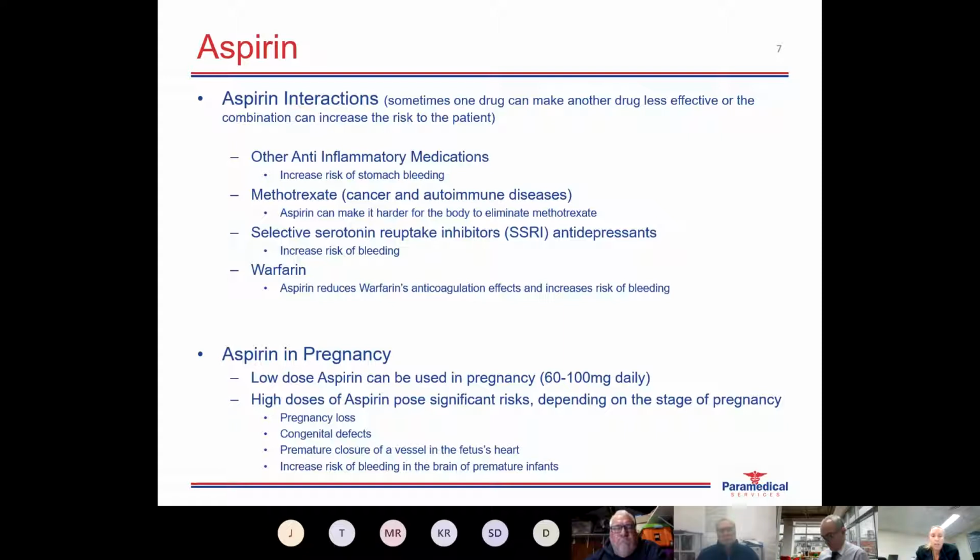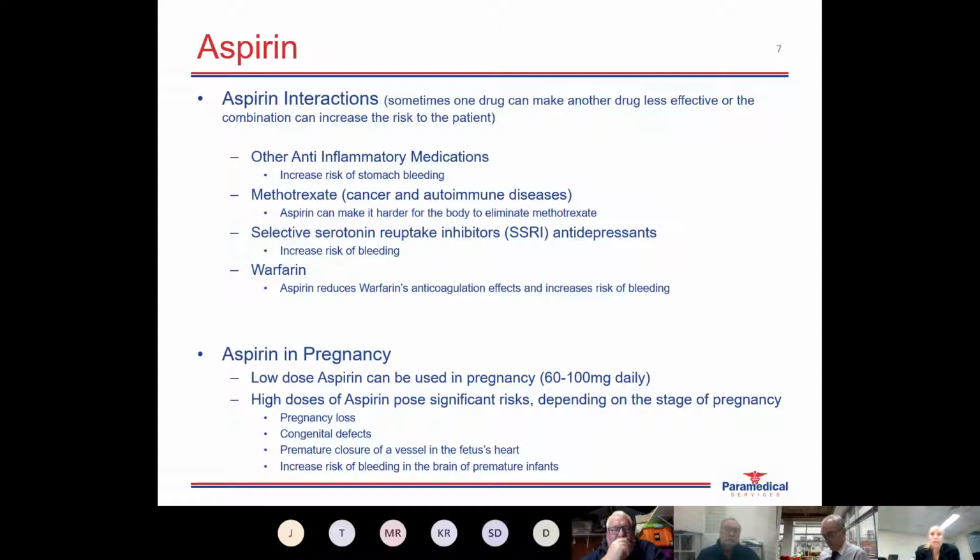Selective serotonin reuptake inhibitors, or SSRIs, which are commonly also referred to as antidepressants. And again, this is all to do with increasing the risk of bleeding when we combine it with aspirin. And of course, warfarin. And that's because aspirin reduces warfarin's anticoagulation effects and increases the risk of bleeding as well.